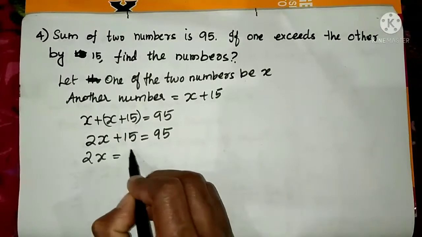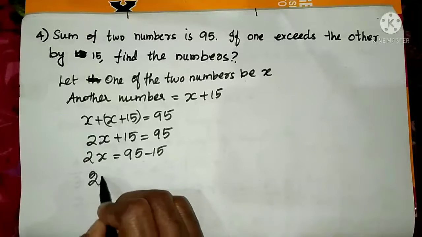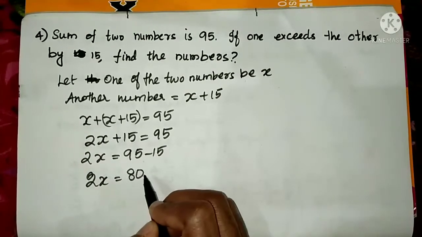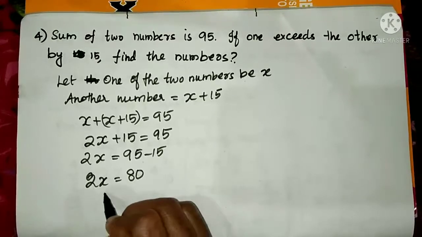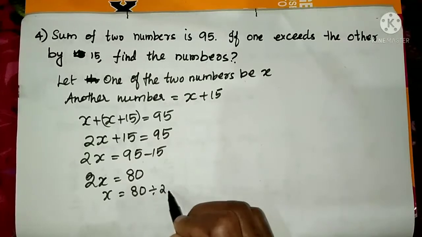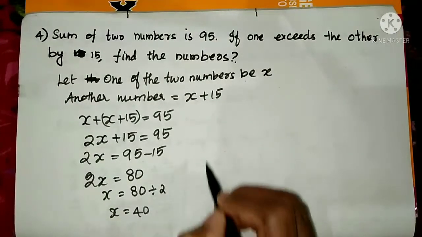So 2x is equal to 95 minus 15. When you subtract, we will get 80. x is equal to 80 divided by 2, nothing but x is equal to 40.